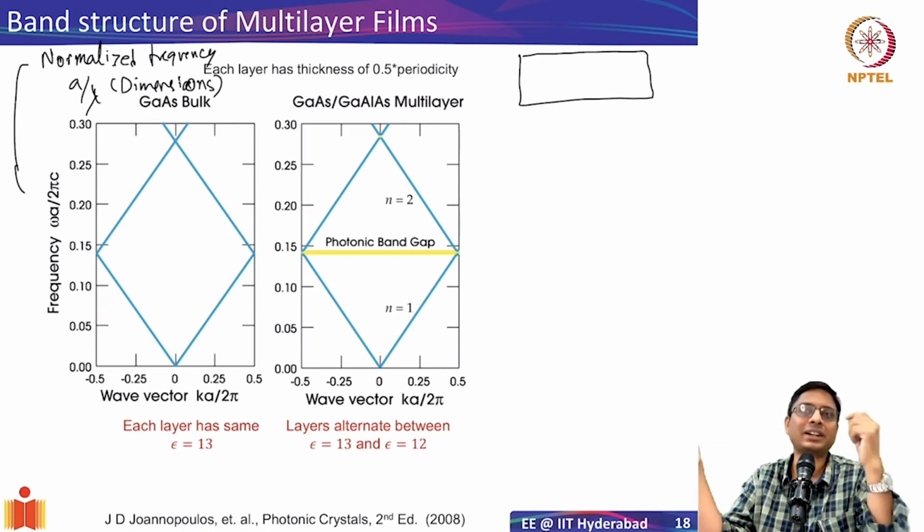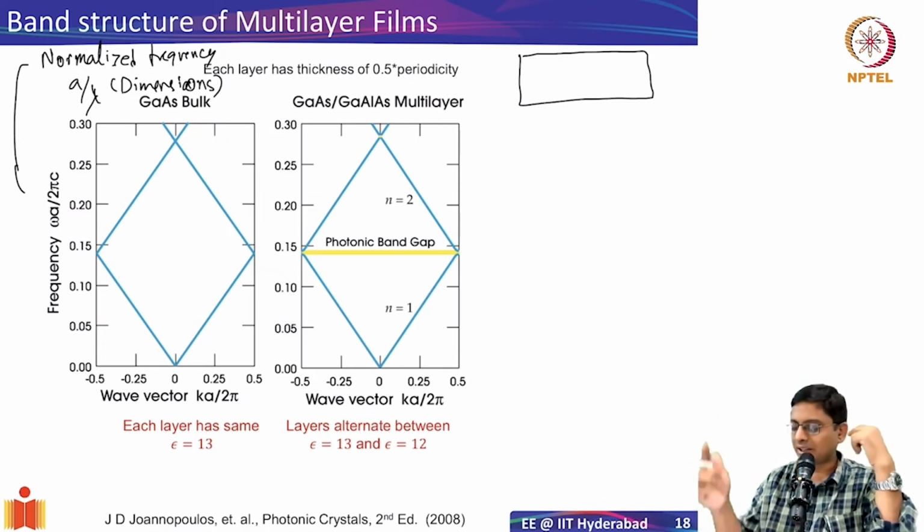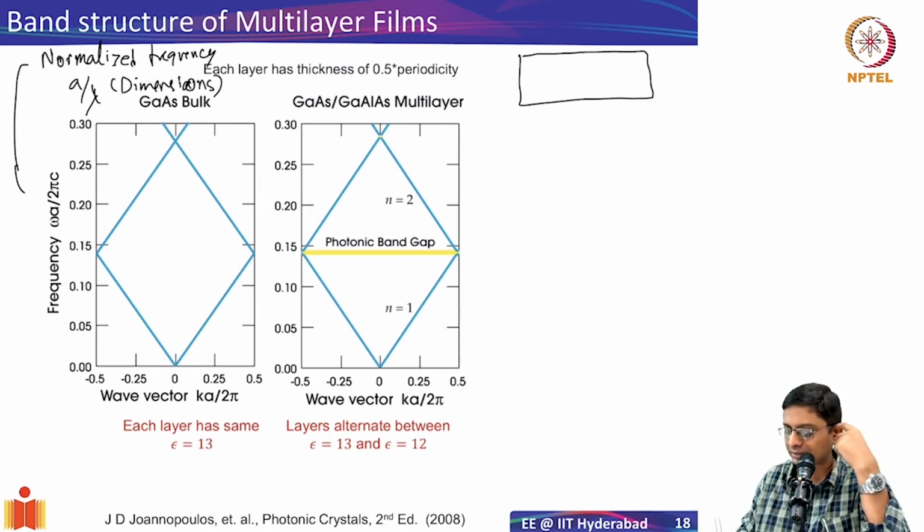Of course you have to take the right dielectric constant into account. Similarly, the bottom is basically a normalized wave vector, dimensionless again. So what does it mean?